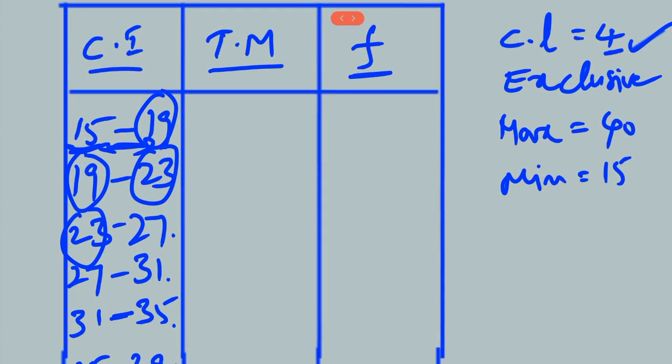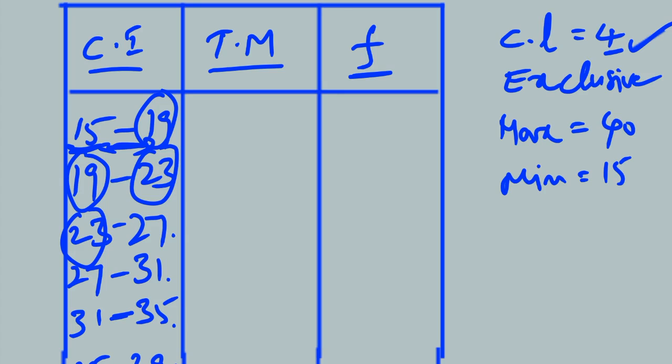Sometimes in problems they give the number of class intervals or the class length you have to take. If they give it, we have to follow it. If they don't give any of these, we have to find the range, class length, and everything ourselves, and the class intervals are our choice.